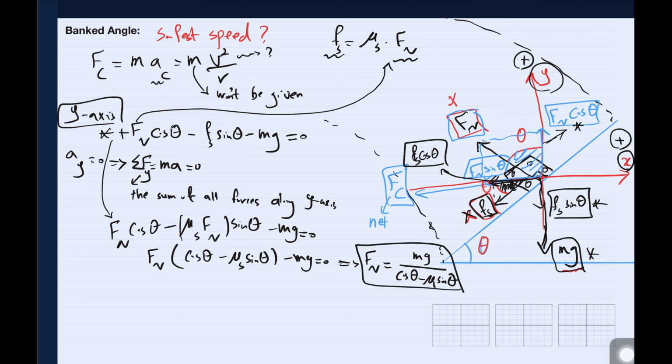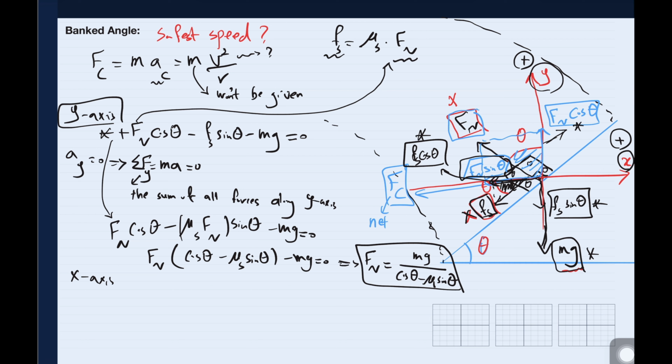So then I have to do the same for the x-axis. So for the x-axis, I have to consider all forces horizontally, all forces along the x-axis. So then I have two forces, right? One is Fs cosine theta, and the other one is Fn sine theta.